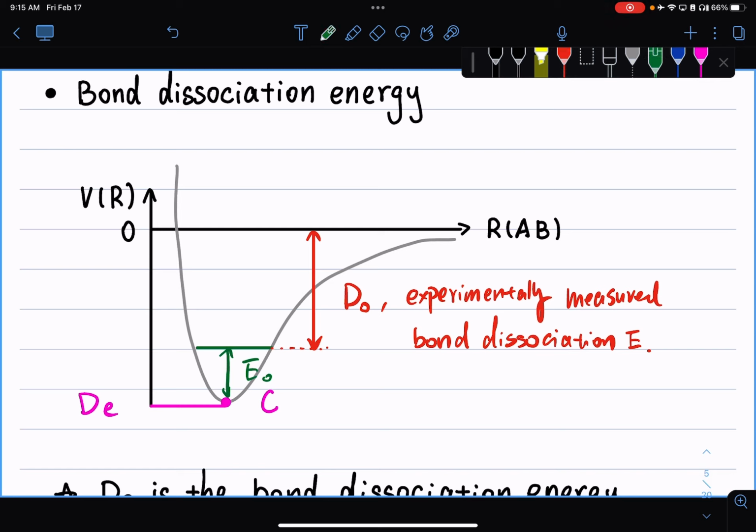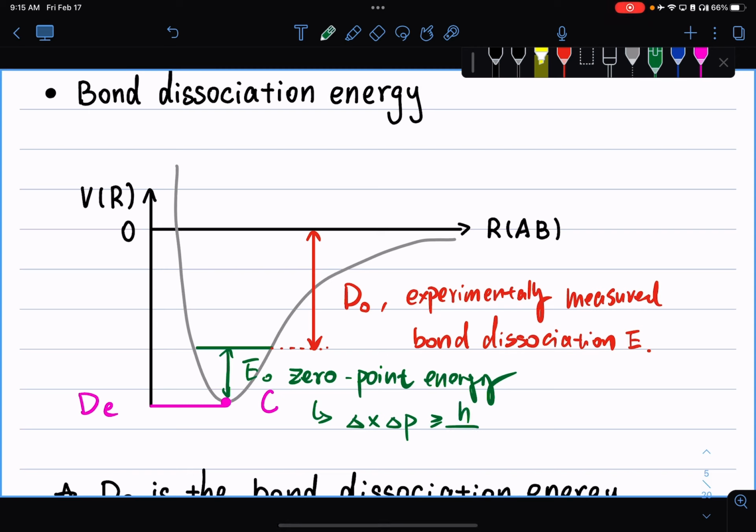E0 is the zero-point energy, coming from the Heisenberg uncertainty principle, delta x times delta p is larger than or equal to h over 4 pi. And then dE is the theoretical bond dissociation energy.